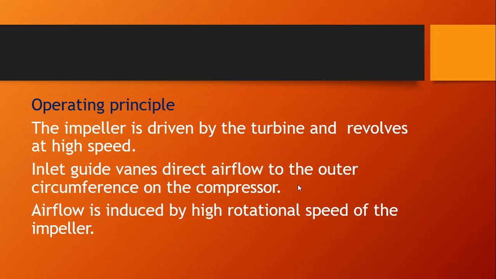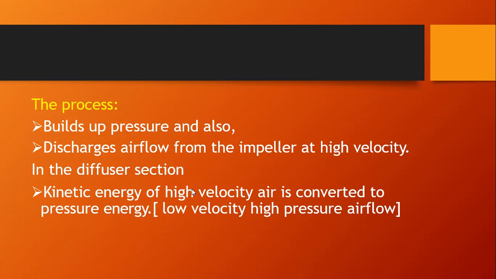The operating principle: the impeller is driven by the turbine and it revolves at high speed. The inlet guide vanes direct airflow to the outer circumference of the compressor. Airflow is induced by high rotational speed of the impeller. This process builds up pressure and also discharges airflow from the impeller at high velocity in the diffuser section.